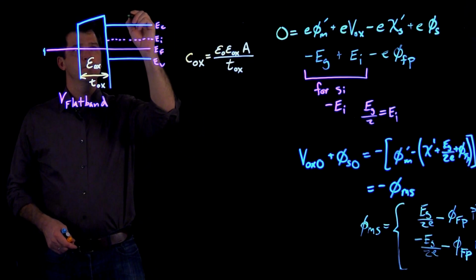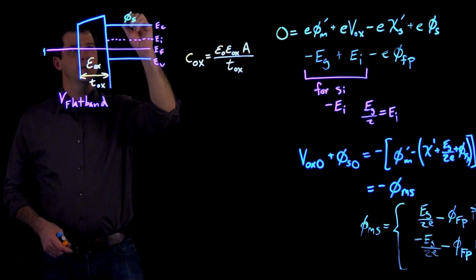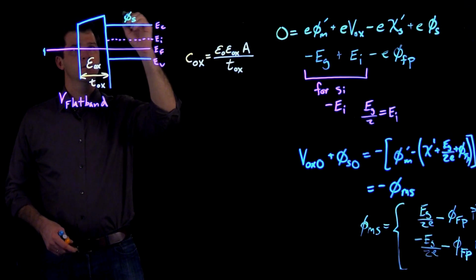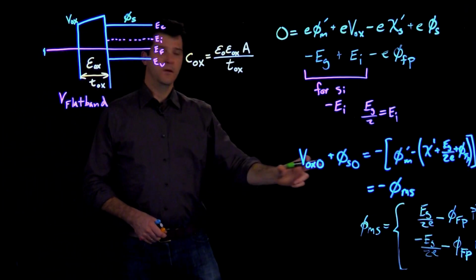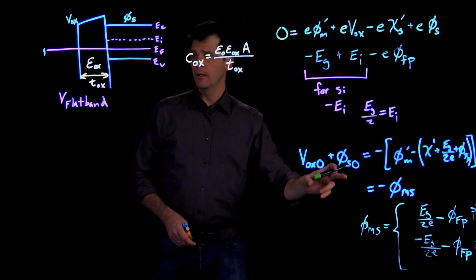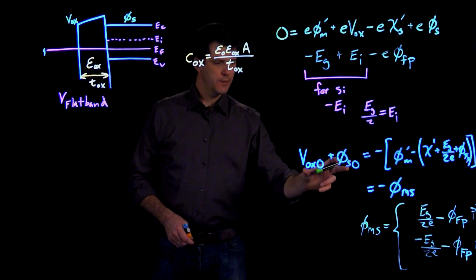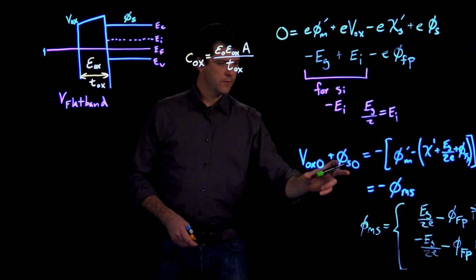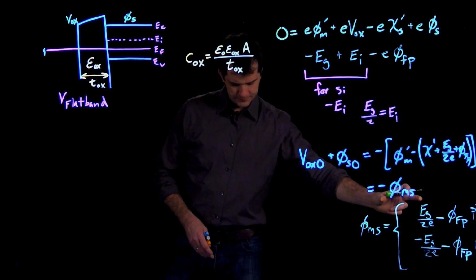So we have the surface potential in the semiconductor and the oxide voltage, which appear over here. And in order to reach flat band, what it means is that we have to apply a gate voltage which is equal to this quantity.